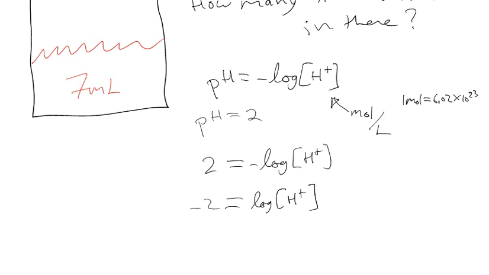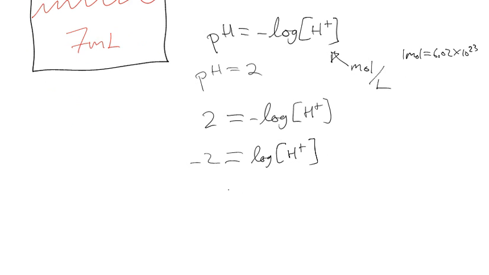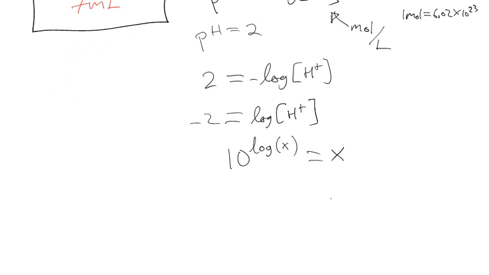Then we can use this rule about logs: if you ever have 10 to the log of some number, then that's equal to just that number inside the log, because 10 and logs are opposites and cancel each other out. So we can take the left and right hand sides and make them both exponents of 10 and set them equal to each other.